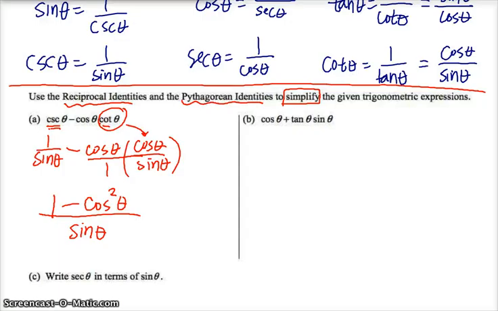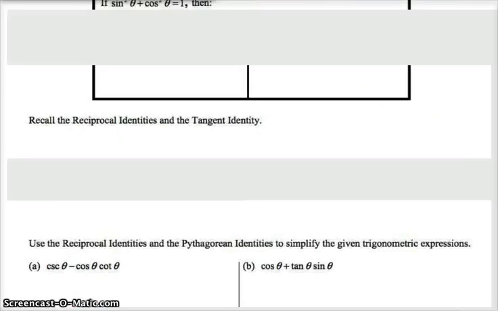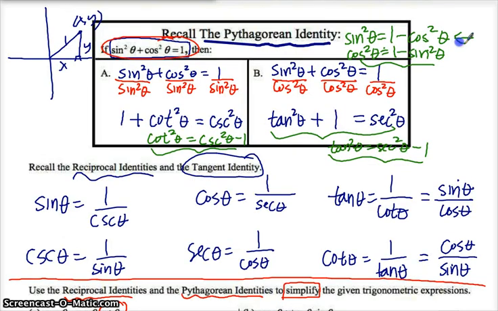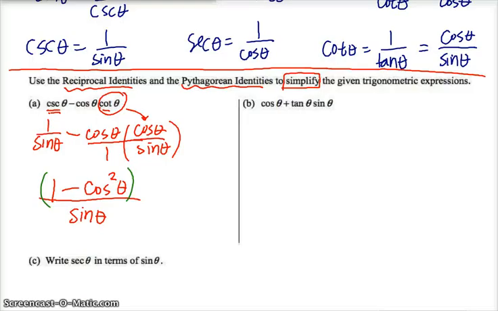Now again, let's look back down here. What do you see? You see a 1 minus cosine squared theta. Well, right here is 1 minus cosine squared theta. So what can I replace 1 minus cosine squared theta with? I can replace that with a sine squared theta. So therefore I get sine squared theta over sine theta, and now sine squared over sine, one of them cancels, right?